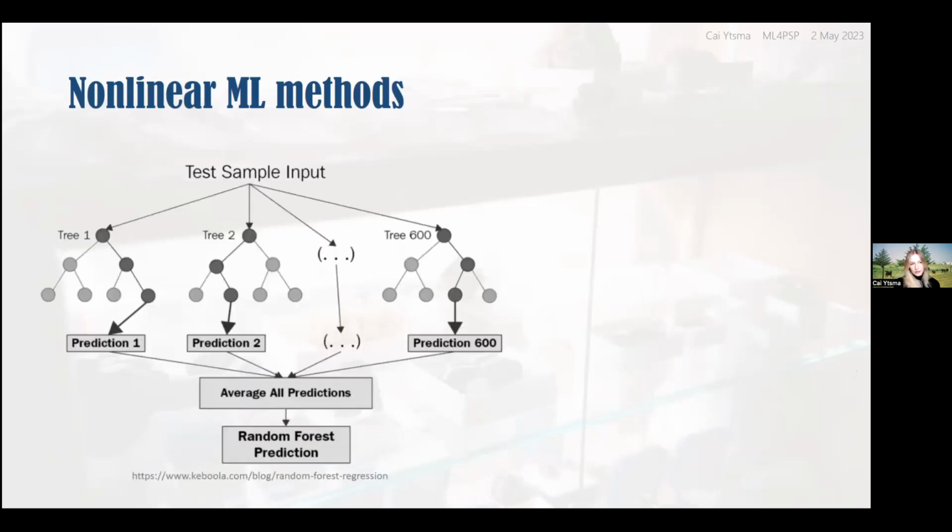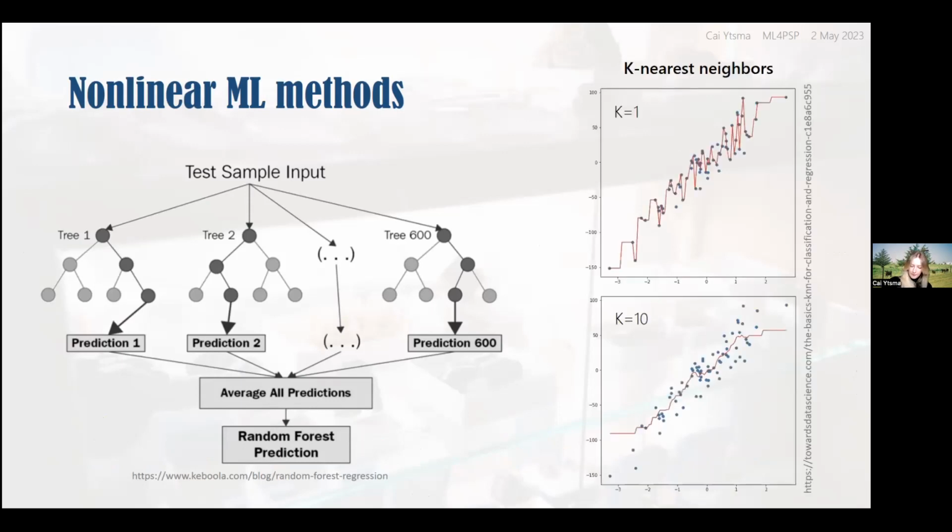So then if you look at nonlinear methods, they use a completely different approach. Random forest, like other randomized ensemble methods, throws the kitchen sink at the problem: we'll just make a bunch of random models and average the prediction of all of them at the end until you minimize the error to suit your application. Or K nearest neighbors, it's looking at the K most similar training data to the unknown, averaging those values, and getting the result.